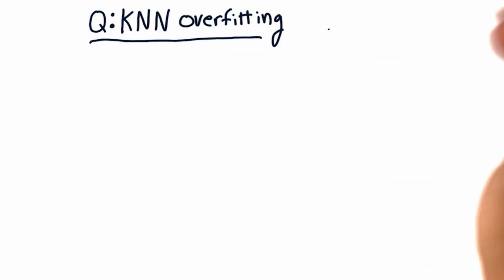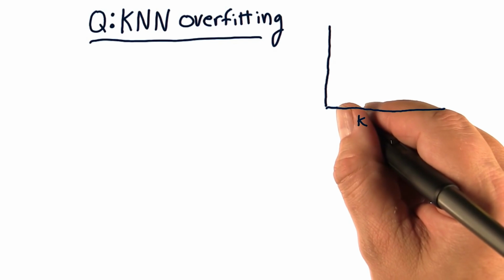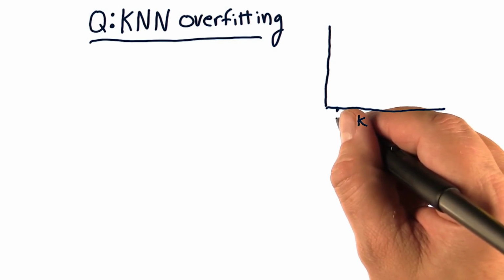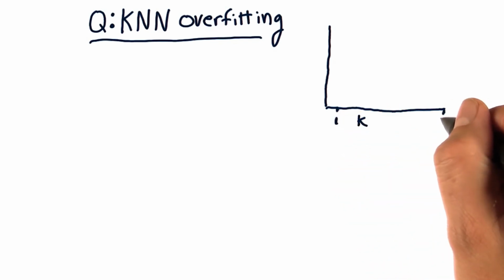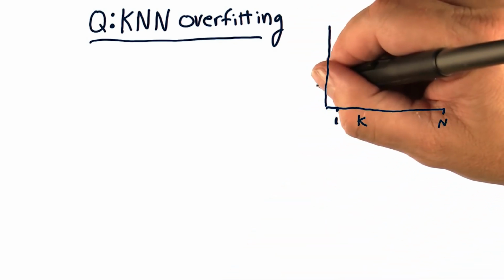I want you now to consider overfitting in K and N. So in this case, our horizontal axis will be K, and it can range again from 1 out to N, the number of data points. And the vertical axis will be error.